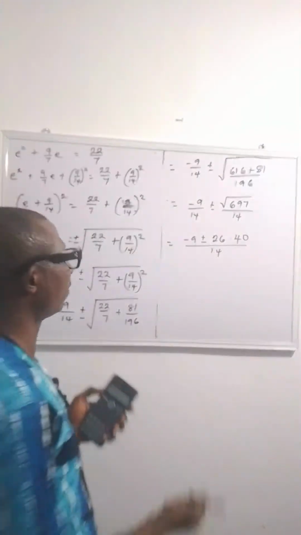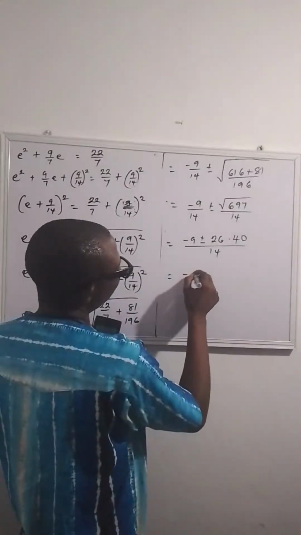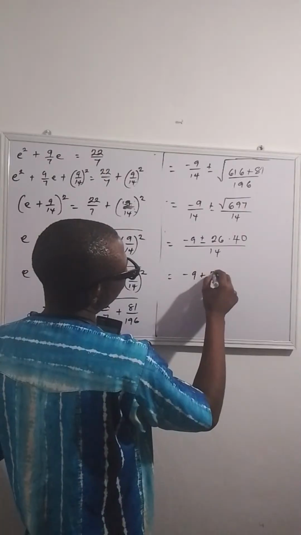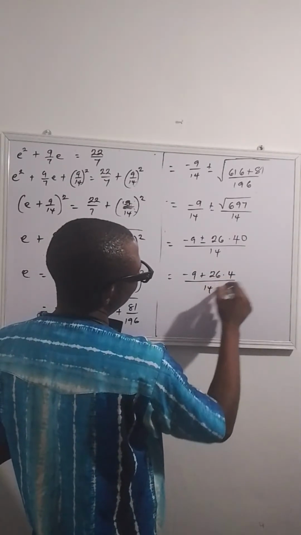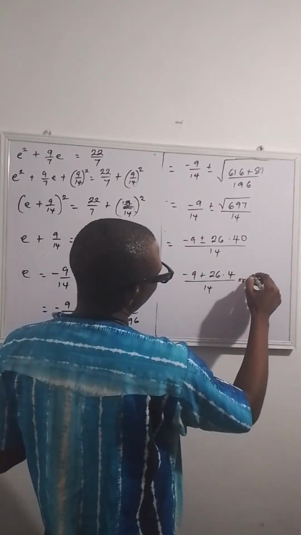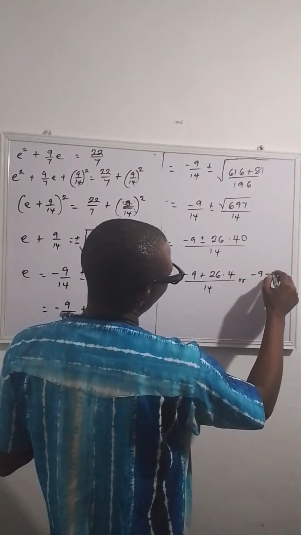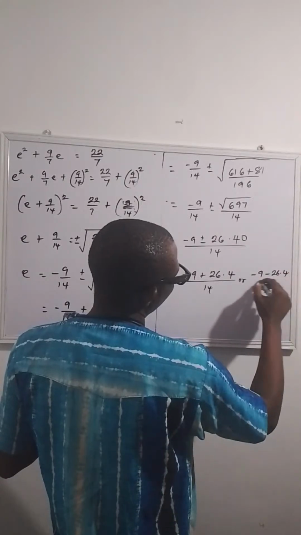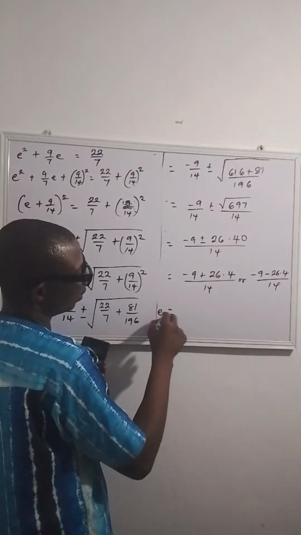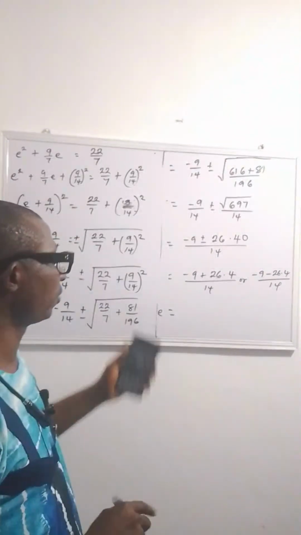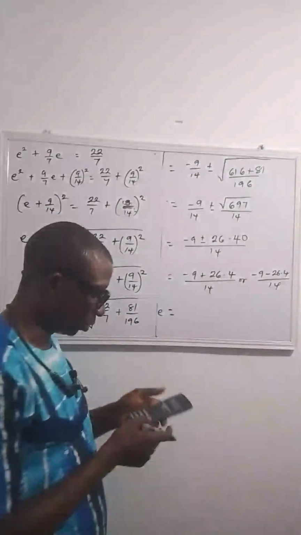All right, hope we are flowing. So you have minus 9 plus 26.4 over 14, or minus 9 minus 26.4 over 14. So now don't forget, we are looking for the value of e. So let us do that.